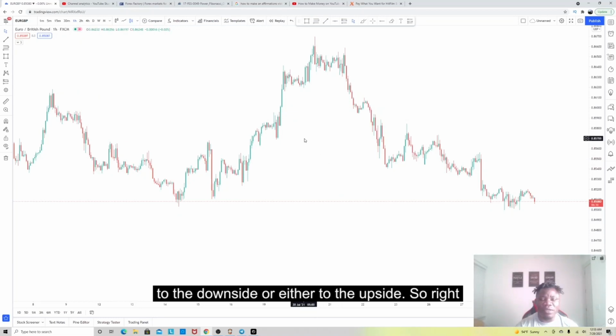So right here, looking at this chart, Euro GBP, on the 1 hour time frame, we're going to look for our supply zone. We just need to focus on rejections, and when you're drawing your zone, you have to make sure that you draw your zones week to week.